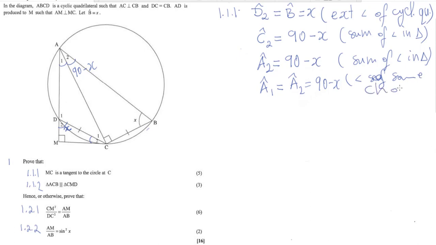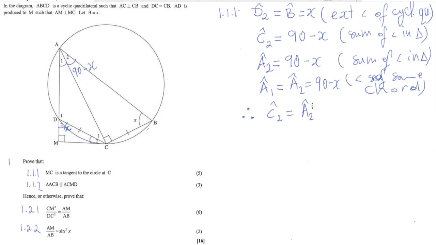Now therefore C2 is equal to A2. So it's proven.